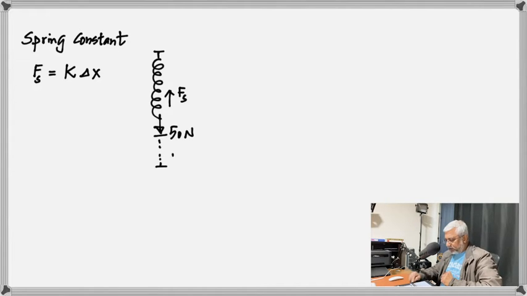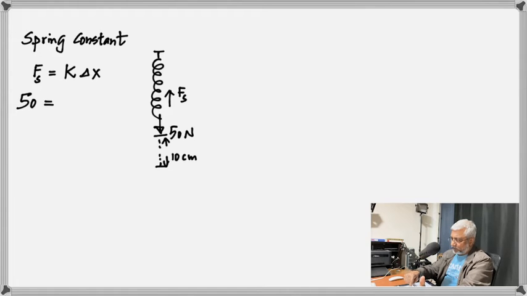So let's say that if you apply 50 newtons, this particular spring stretches through 10 centimeters. You can see 50 newtons, and it goes from that point to that point, so 10 centimeters. And if you apply 50 newtons, the force in the spring is also going to be exactly the same. So F sub S is the force in the spring, which is the force you apply, which is 50 newtons.